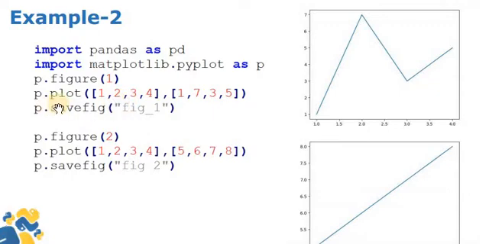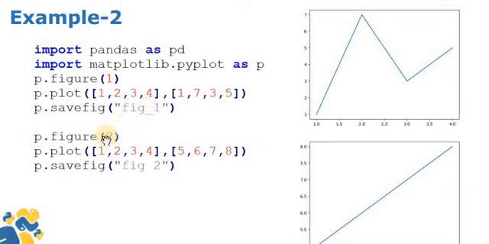We can also give the data, and if we want to store the output in a file, the method we use is p.savefig, and in the brackets we give the file name. So whatever output there is, it is stored in that particular file.